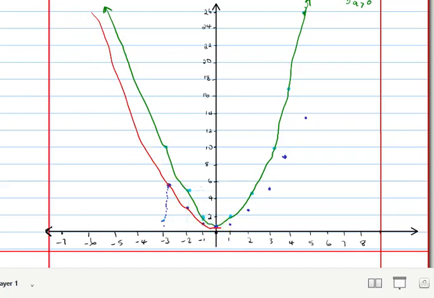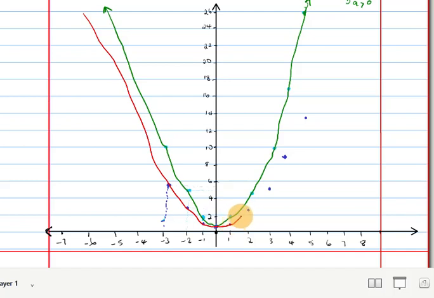Let me erase a bit. I just erased everything, but I did not want to erase everything. I just wanted to erase that smaller part. Constructing the dots.